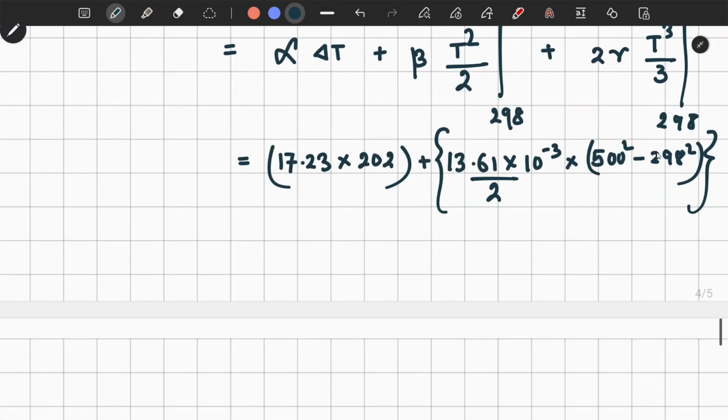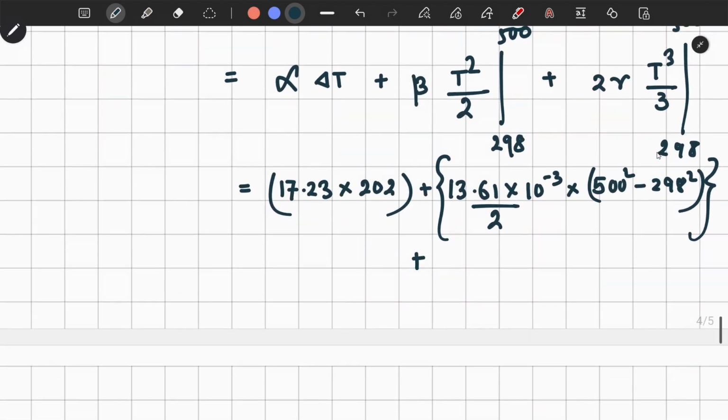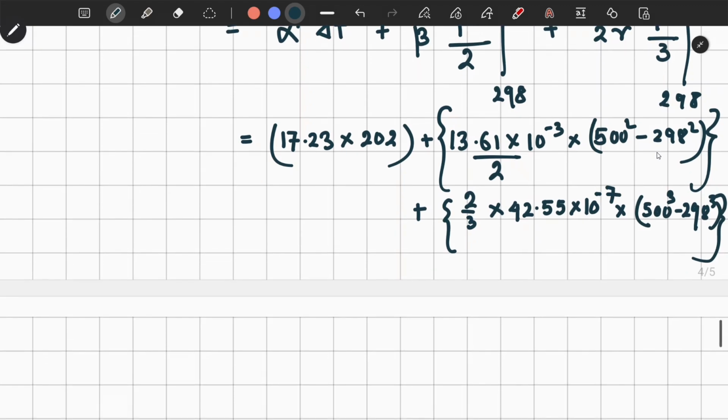And the last term is gamma by 3 into gamma. Gamma is 42.55 into 10 to the power minus 7, and it is cube, 500 cube minus 298 cube. Now calculate it.